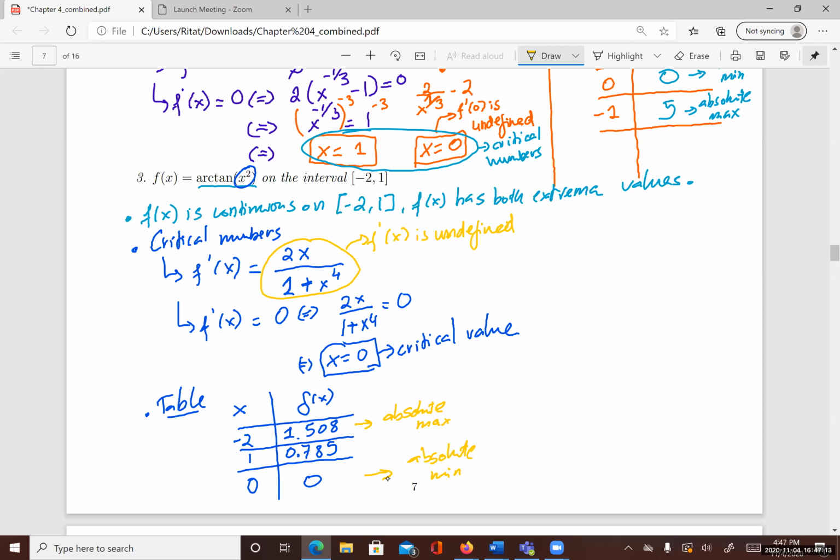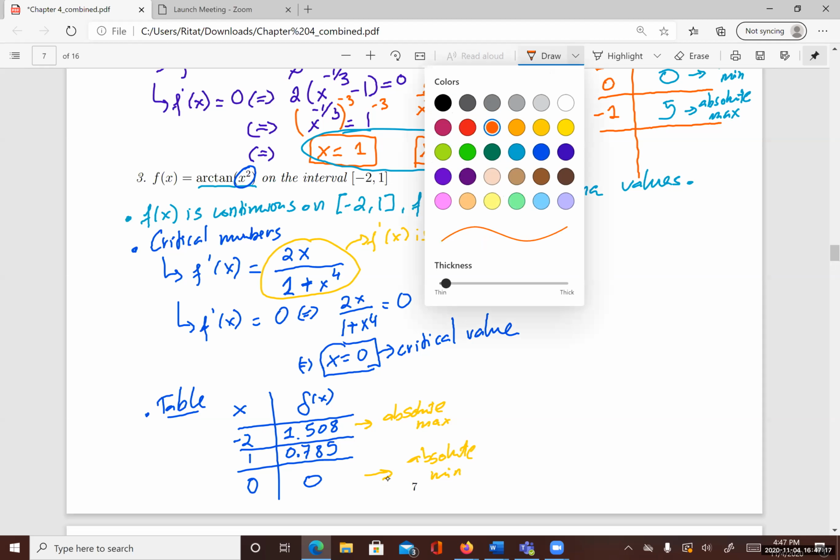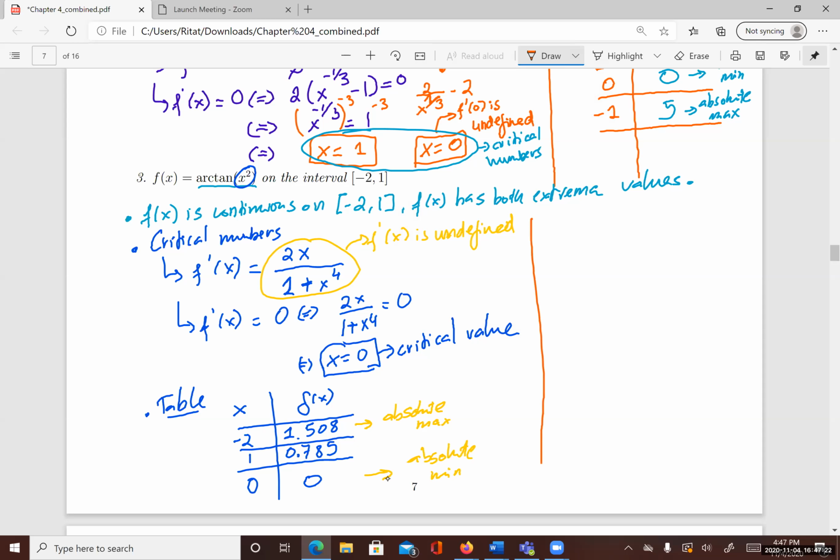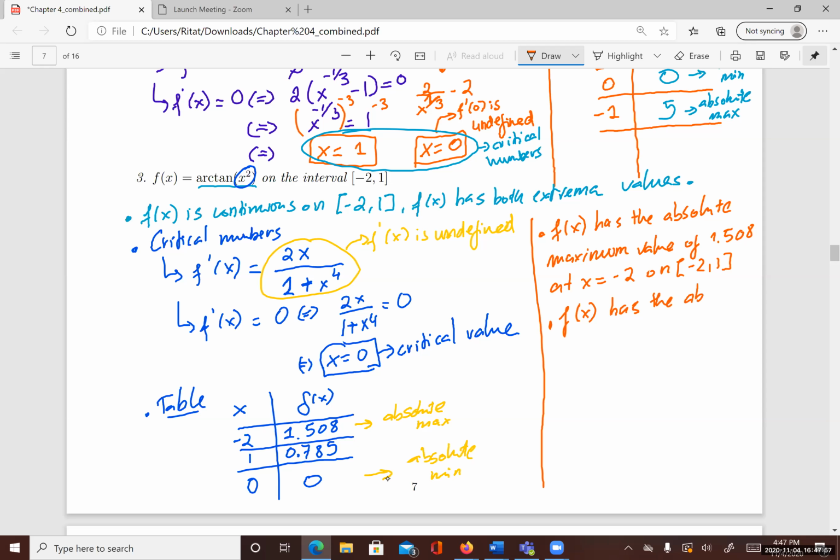And if you want to make a conclusion about the two extrema values, this is what you can say: f of x has the absolute maximum value of 1.508 at x equals -2 on the closed interval from -2 to 1, and f of x has the absolute minimum value of 0 at x equals 0 on the closed interval from -2 to 1.